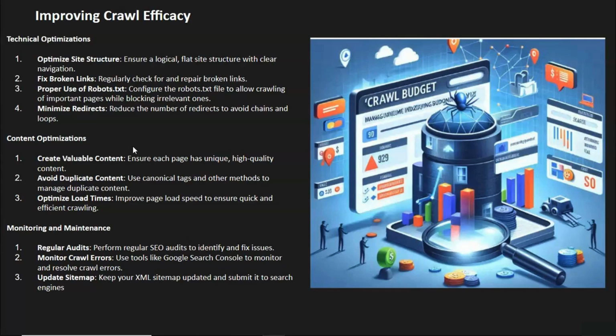On the content side of things, ensuring that we create valuable content, ensuring that we have a short cycle between content creation and content updating, having a regular content upload schedule, all of these can improve crawl efficacy, as can ensuring that content is not duplicated and optimizing load times.